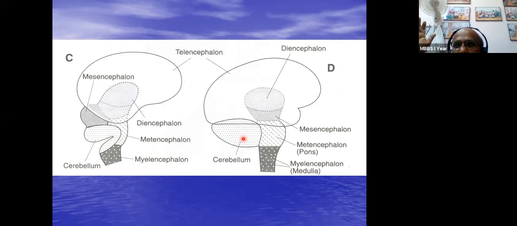At the end of the brain class, you should be able to clearly write that your cerebellum forms your roof. Your floor is formed partly by pons and partly by medulla. So that's why there is a pontine part of the floor and a medullary part of the floor of the fourth ventricle.